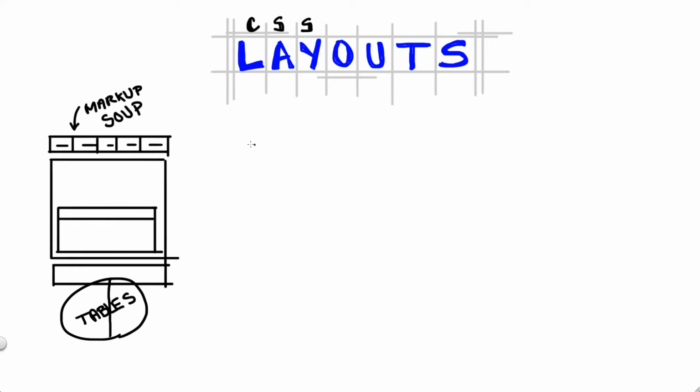So this week, the three layouts we're going to take a look at start with this layout here. This is going to be our single column website, and that's going to have a header, a main content area, and footer.